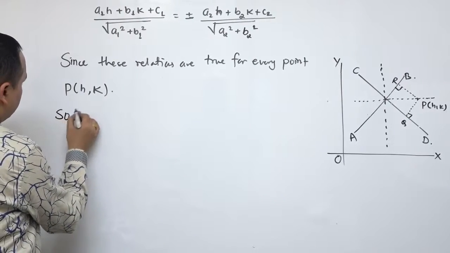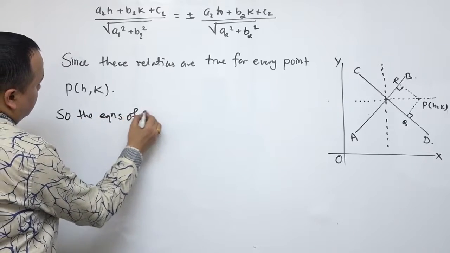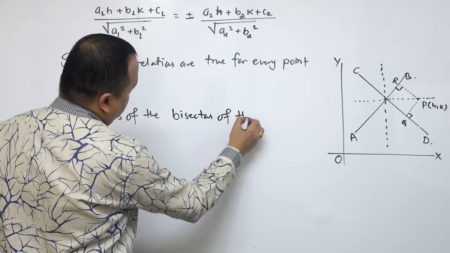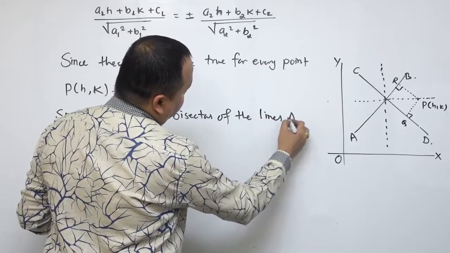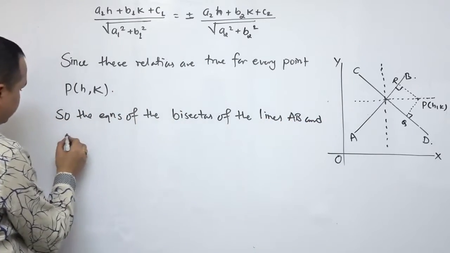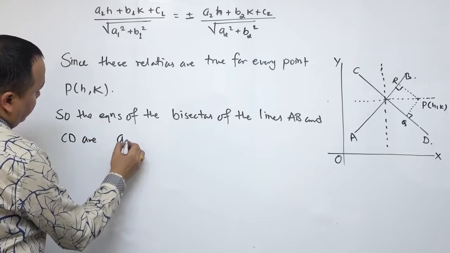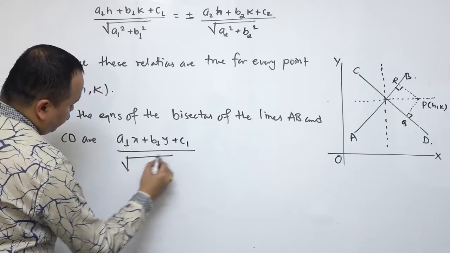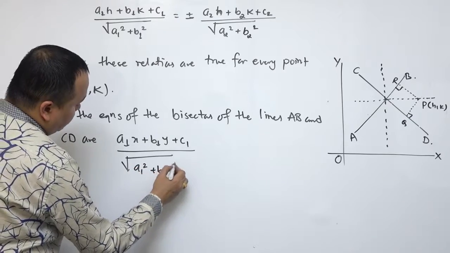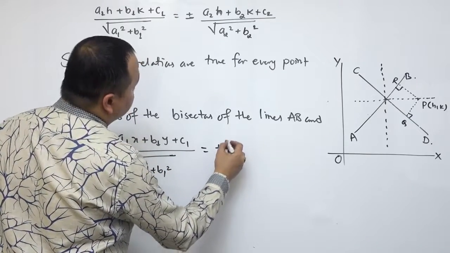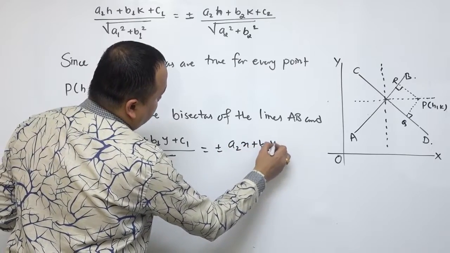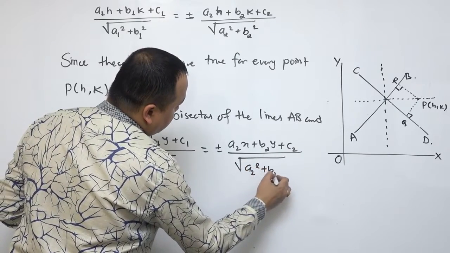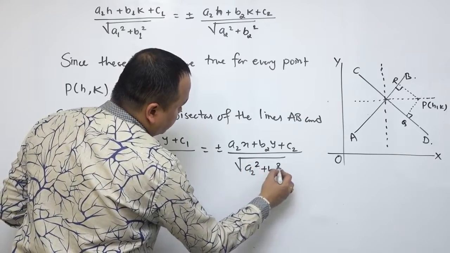So the equations of the bisectors of the lines AB and CD are (A1x + B1y + C1)/√(A1² + B1²) = ±(A2x + B2y + C2)/√(A2² + B2²).